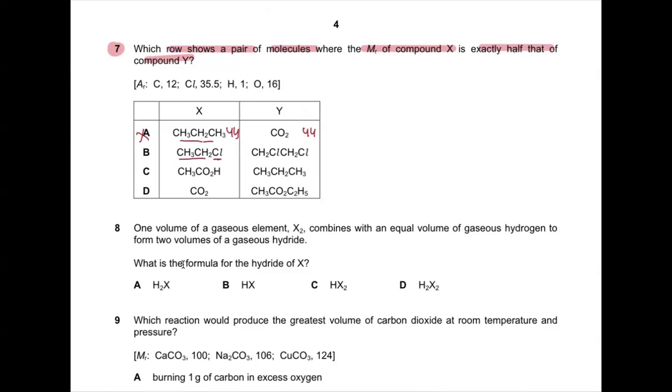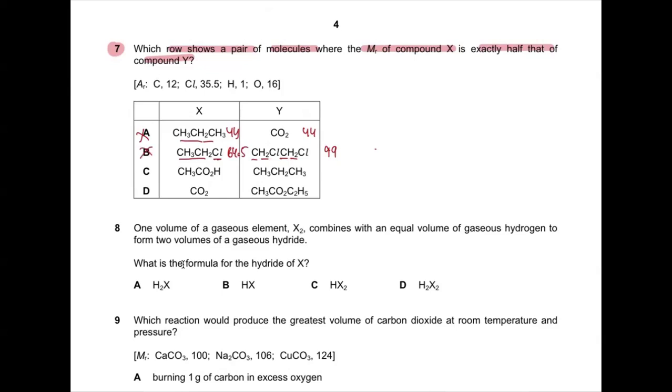So 64.5 would be the Mr. Now over here, it's 2 and 2, so 24, 28, and 71. 28 and 71, it's going to be 99. So see, it's not double exactly.